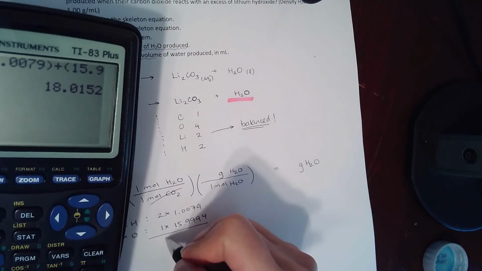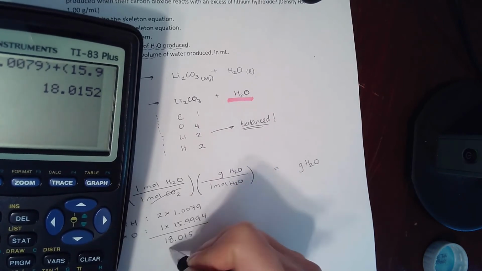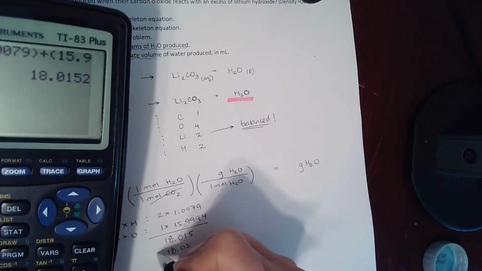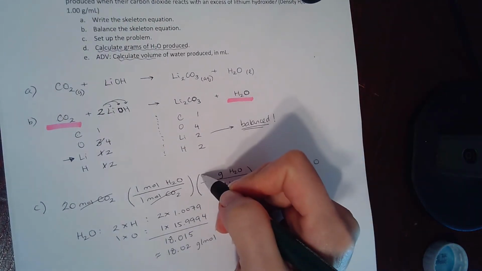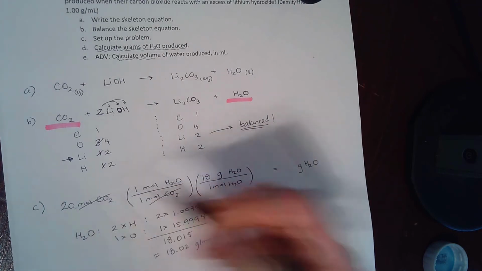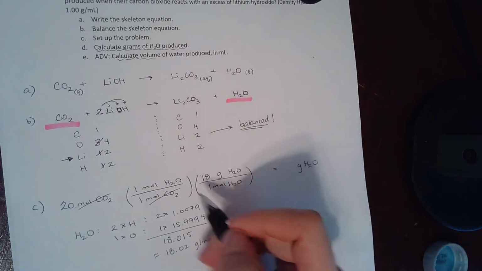Our molecular weight of water, you might remember from a previous lesson, is 18.015 or 18.02 grams per mole, either way is fine. Let's just call it 18 grams per mole because we started with a pretty rough number, so we needn't use so many decimals.